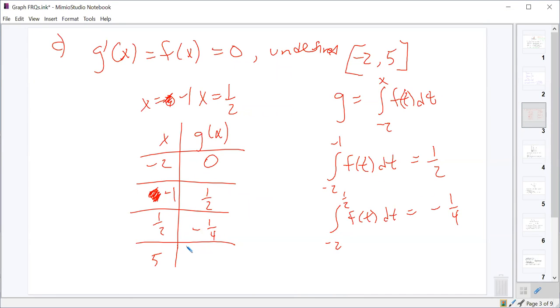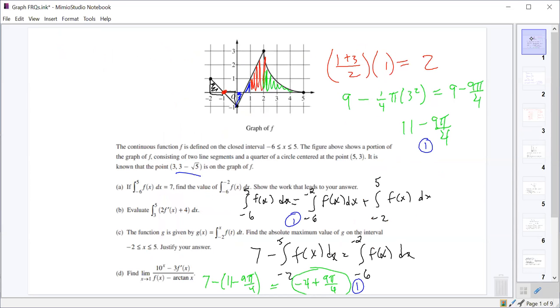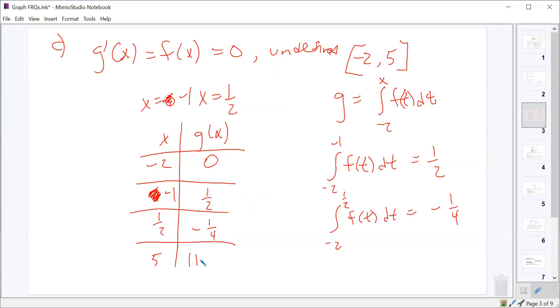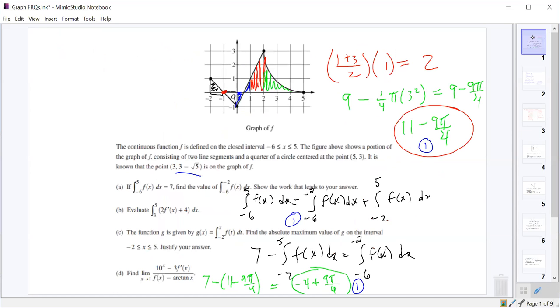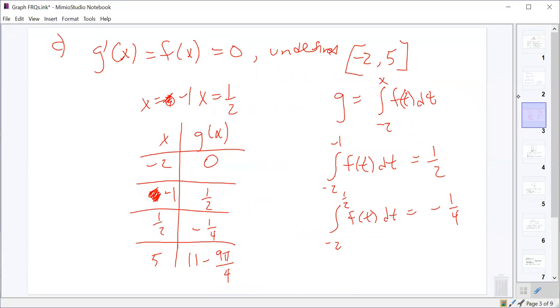And then at 5, if we go all the way from -2 to 5, we already found the value of that integral, which was 11 minus 9 pi over 4. We are looking for the absolute max on this interval, so we just pick whichever one of these things is the largest.